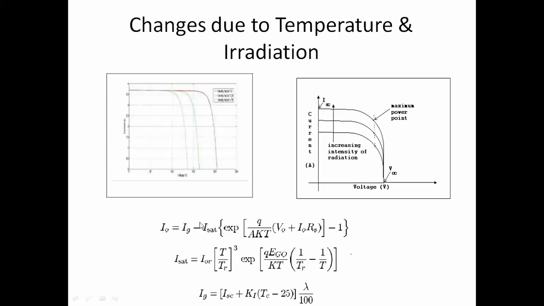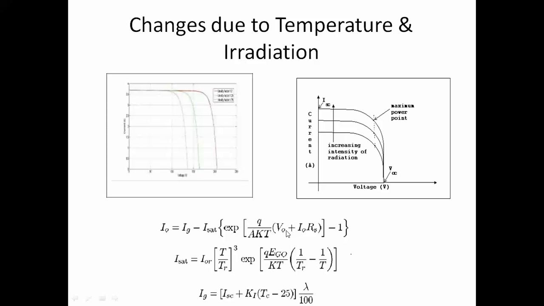This I sat or I naught is the diode dark current, and we'll get it like this, with T by T here into this one. This is the saturation current. The diode expression is I naught into e power (QV by KT) minus 1.